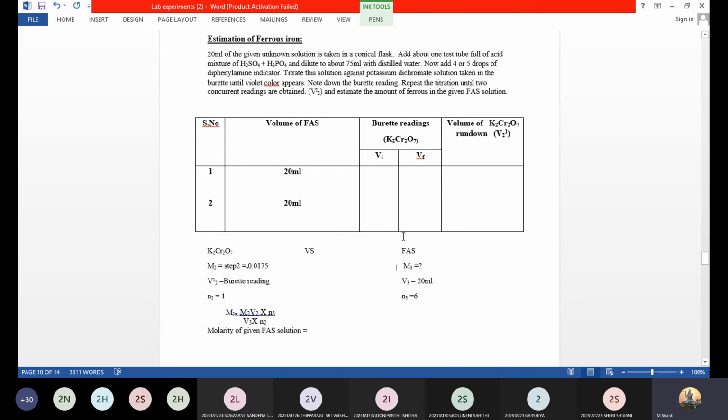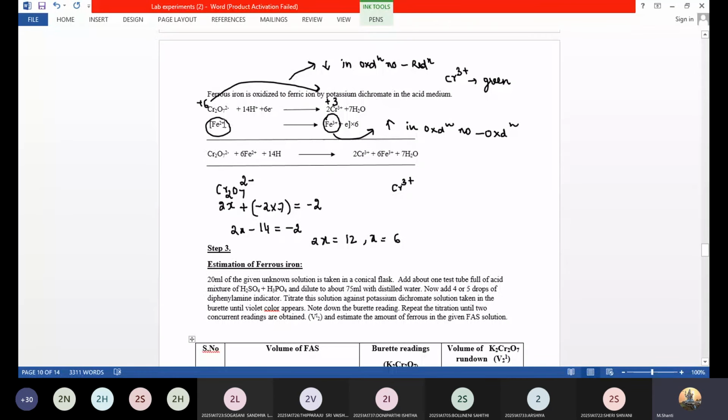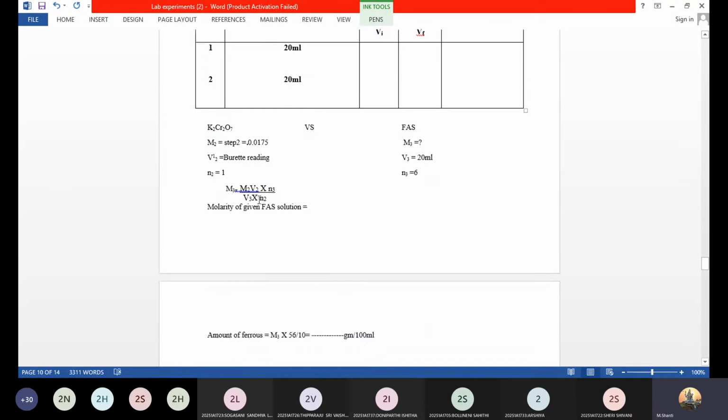And number of moles, how do you get? From the balanced chemical equation. Here you have 6 moles of iron and chromium is only 1 mole. So substitute in this equation, get the M3 value.